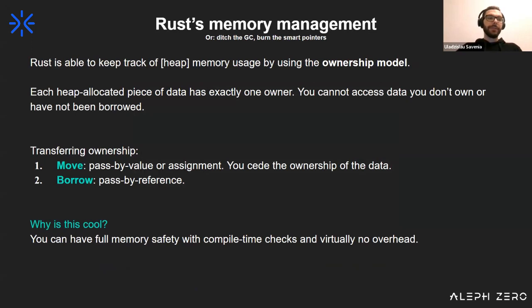Yeah, a bit about Rust memory management. So in Rust, at least in a safe environment, there can only be one owner of a specific heap allocated piece of data. And you can either move it, as if somebody is aware of C++ move notation, or you can borrow it by a reference.